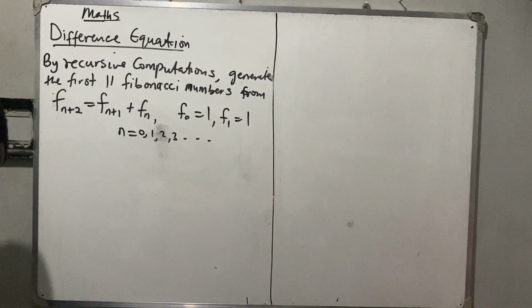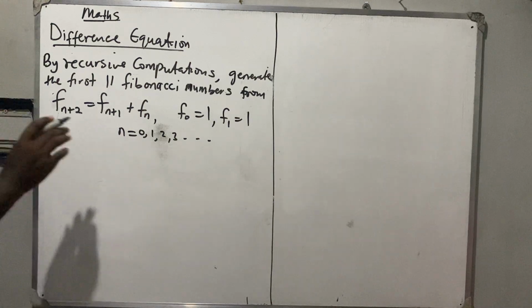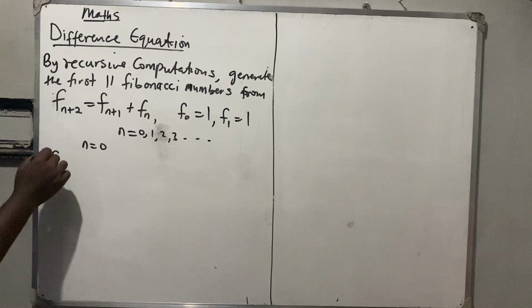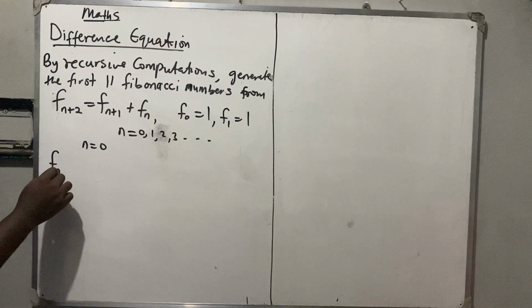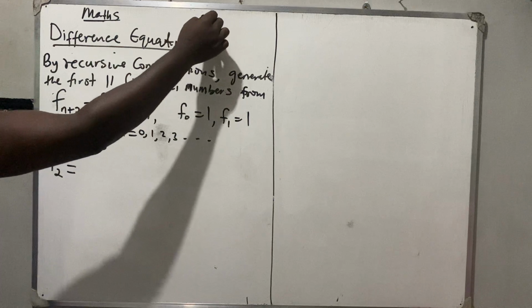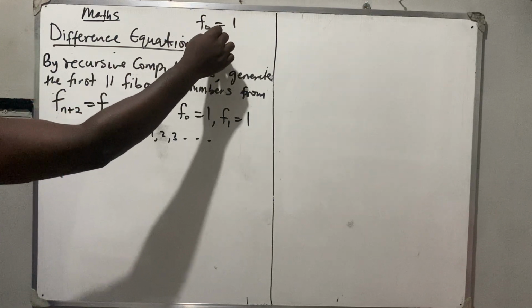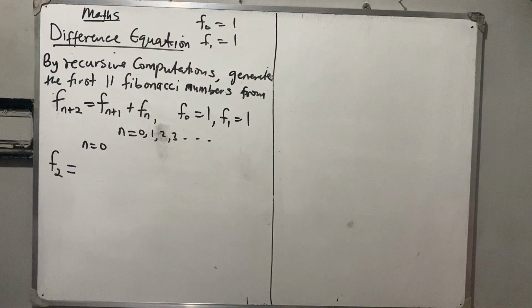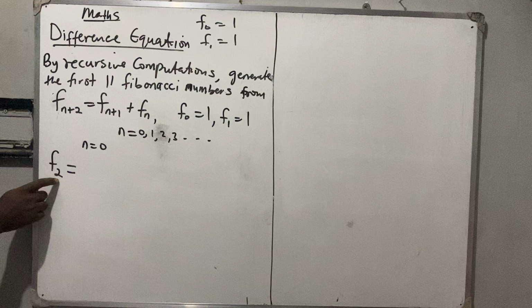So now, to get our first term when n is equal to 0, if I put 0 here, I'm going to have that f2 is equal to what? We have already gotten our f0, so our f0 is equal to 1. Our f1 is equal to 1 again. So we need f2, f3, and so on. Now when n is 0, it will help us to get our f2.